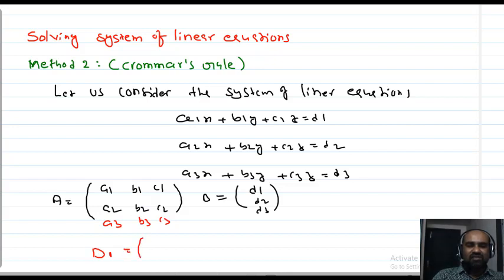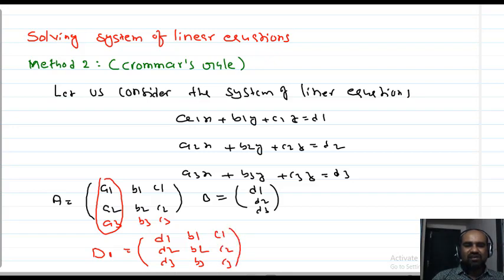First, the D1 matrix is a 3 by 3 matrix. That matrix is obtained by replacing the first column of the coefficient matrix by the constant matrix, that is d1, d2, d3, with the remaining columns as they are: b1, b2, b3, c1, c2, c3. This is called D1.